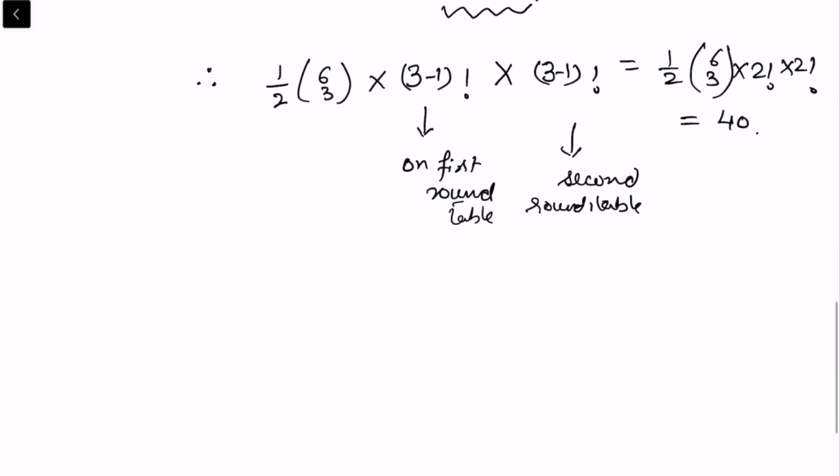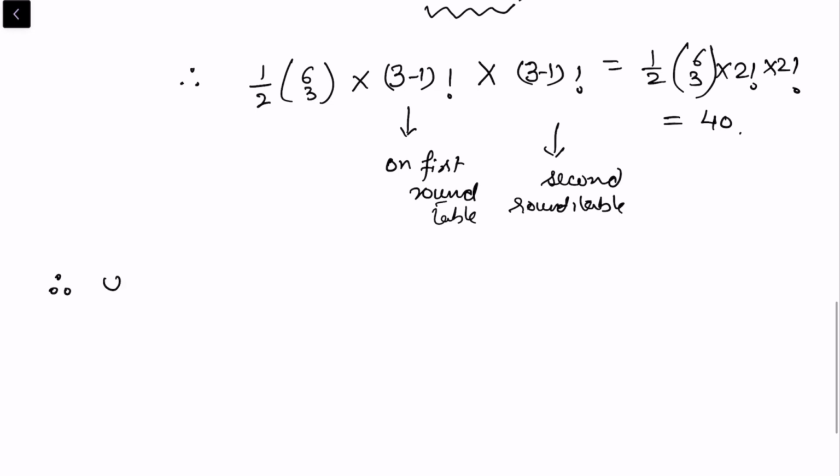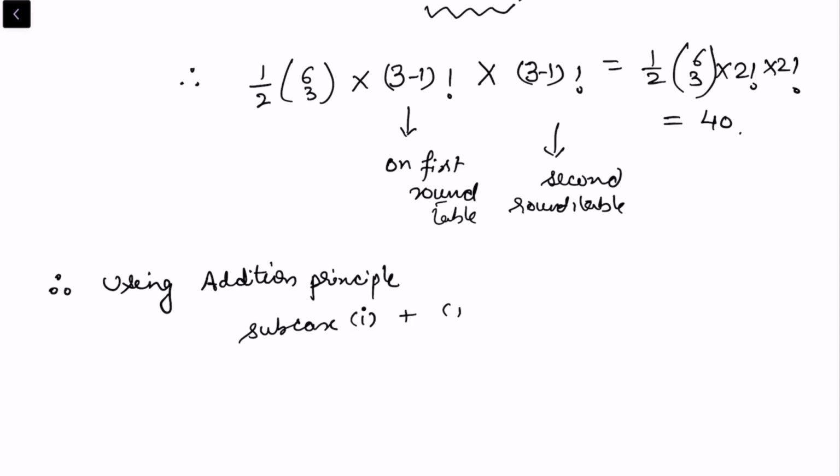Now there were 3 sub cases that we have discussed. So we will now apply the addition principle, and here we will add the sub case 1, sub case 2 and sub case 3.